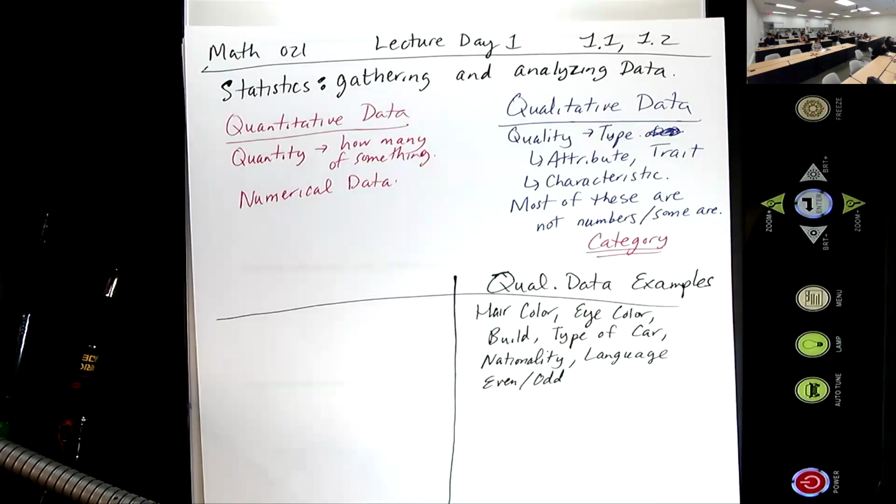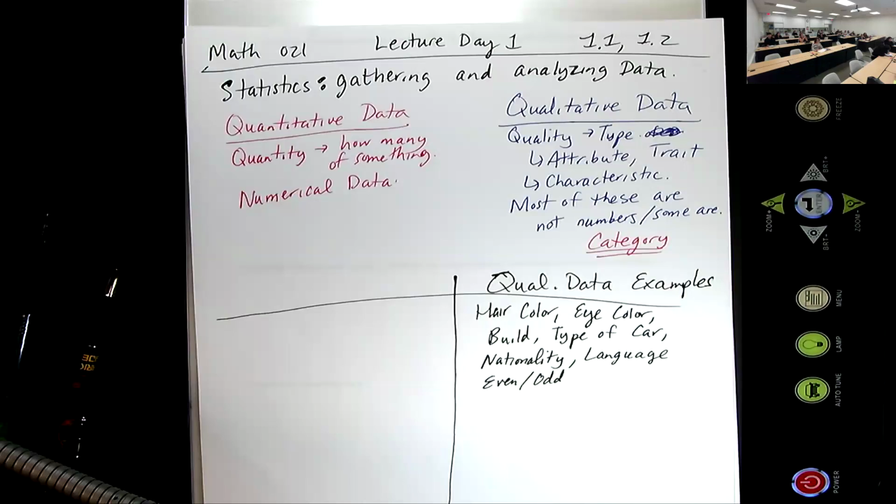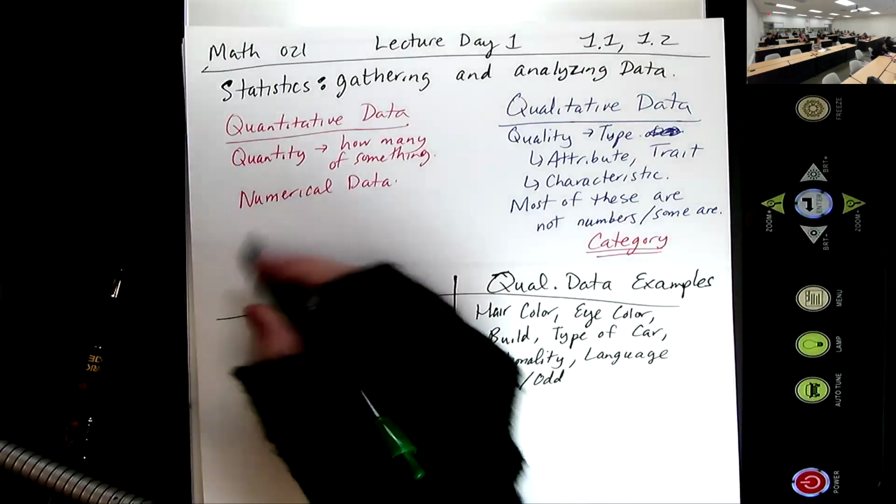Even odd is a valid response, if we were doing something on dice and wanted to break up the results of dice, we could break it up into even or odd, rather than looking at the actual numbers. There are numbers associated with things that are qualitative, but if it's not striking an idea, let's take a look at quantitative data.